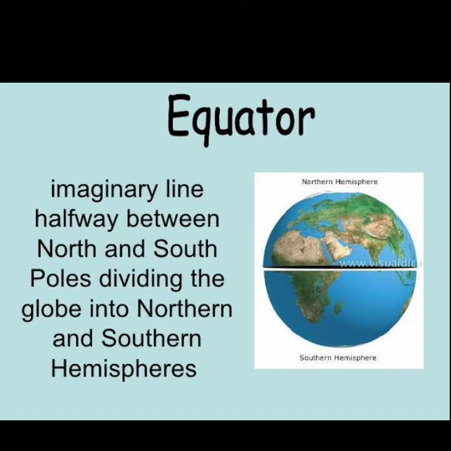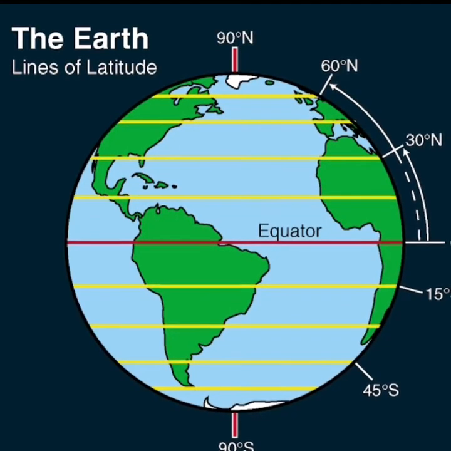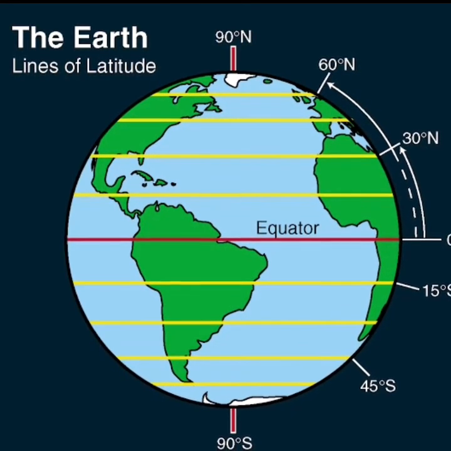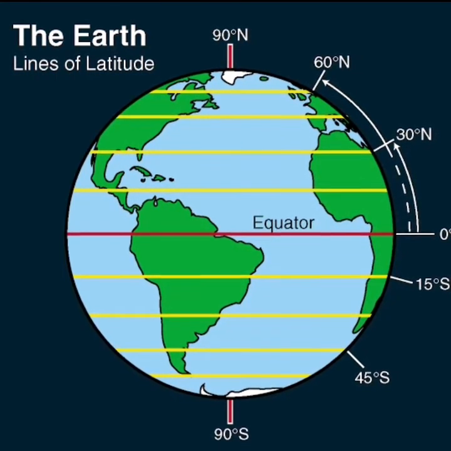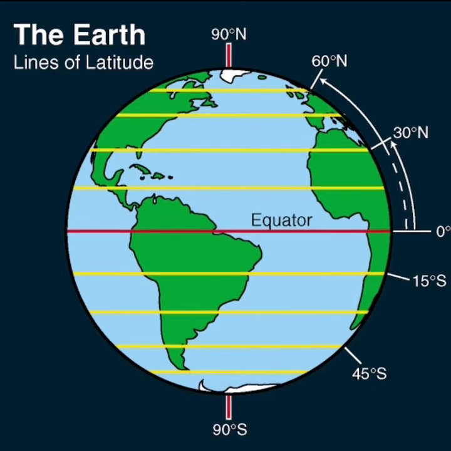The northern half of the globe is known as Northern Hemisphere and the southern half is known as Southern Hemisphere. Thus, equator is an imaginary circular line that serves as an important reference point to locate places on Earth.